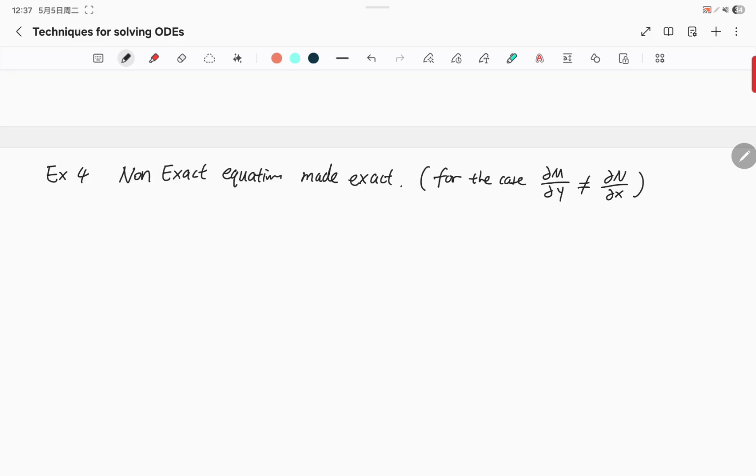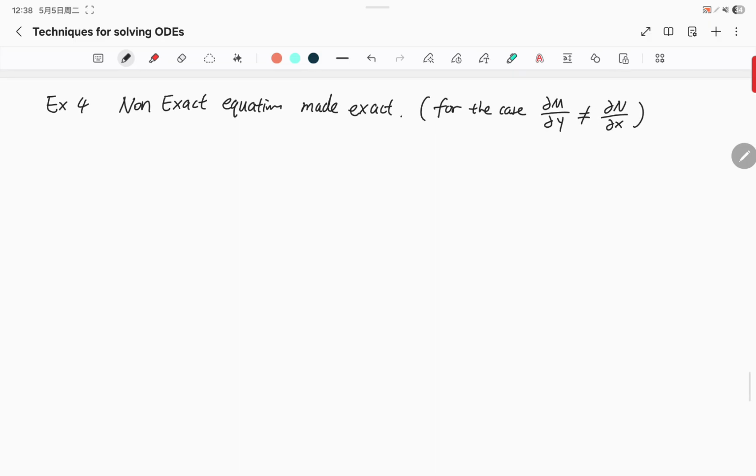Okay, the next technique, or you can say part 2 of the previous technique, is non-exact equation made exact. You can tell by the name that obviously something kind of went wrong if you are doing the equation using my last example. Something appears that they're not exact. What are you going to do?